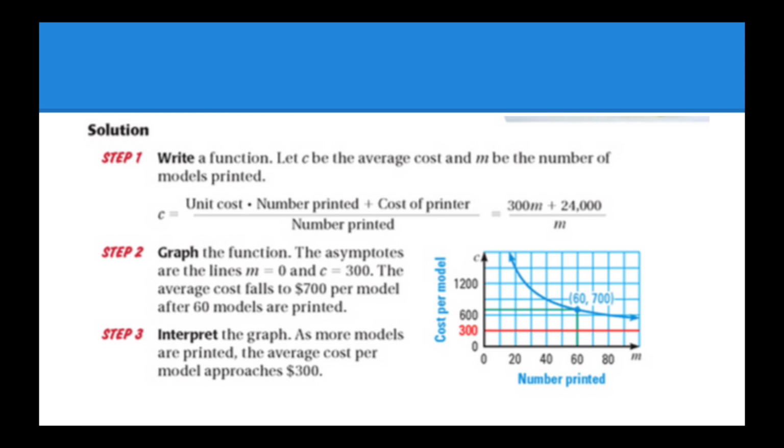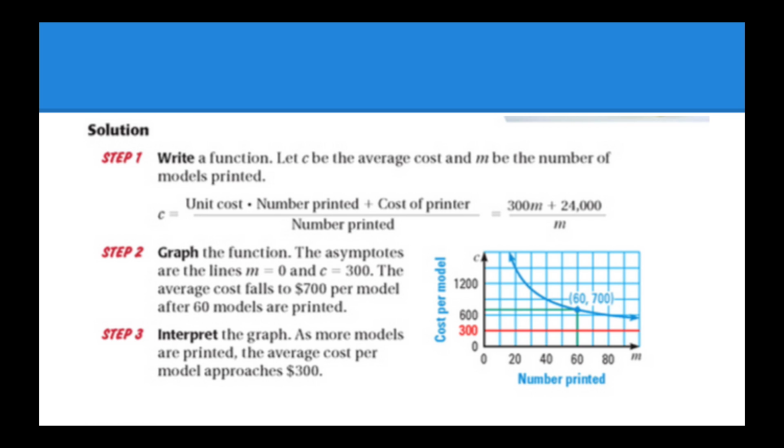So now we just simply graph the function. If we use a Casio, the asymptotes are the lines M equals 0 and C equals 300. So the average cost is about 700 per model after 60 models are printed.